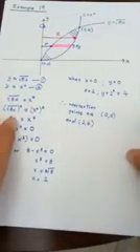So y is equal to x squared implies we have x is equal to square root of y, for x positive or 0.